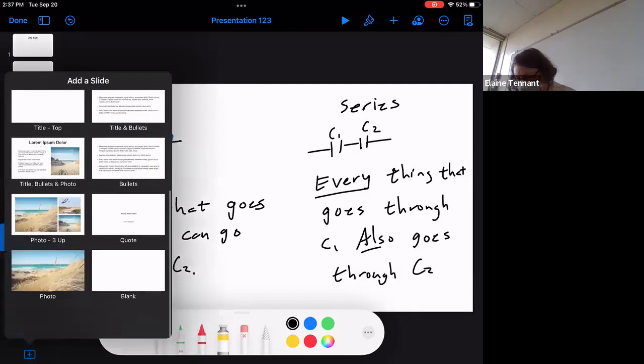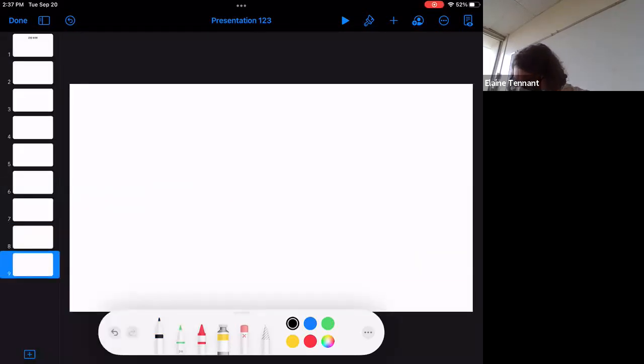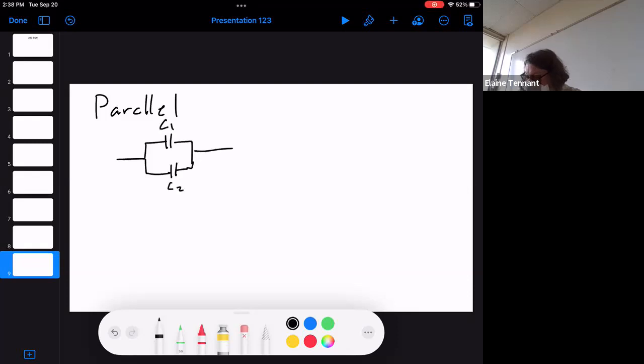Okay, so let's start with parallel because it's easier for capacitors. The idea with two parallel capacitors is I want to be able to take these two capacitors and simplify it down.